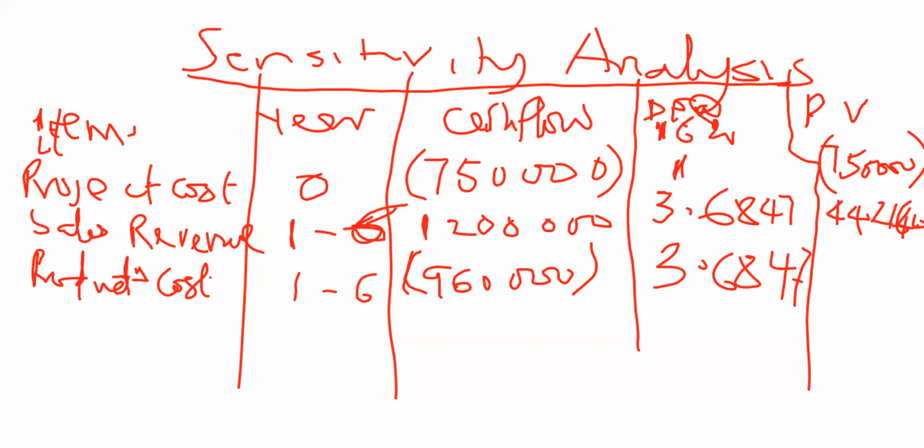960,000 times 3.6847. What do you have? 3,537,312.